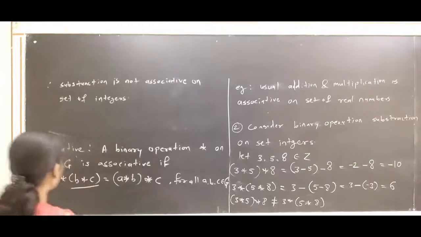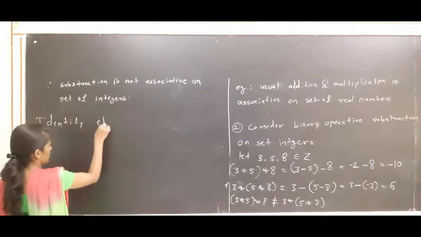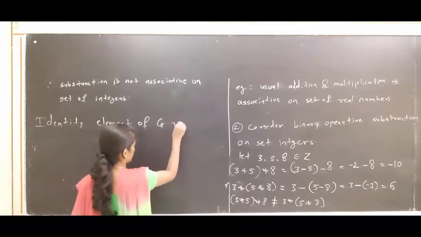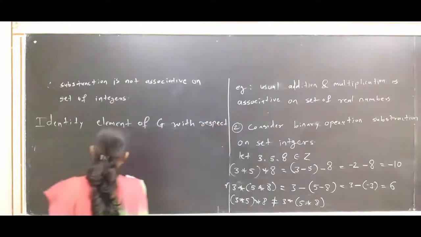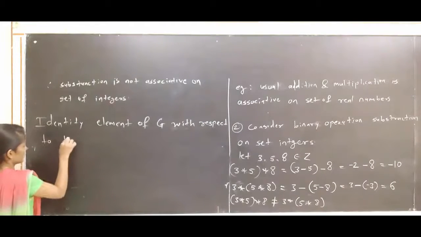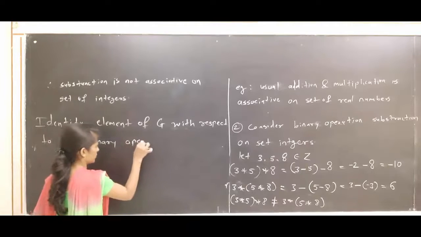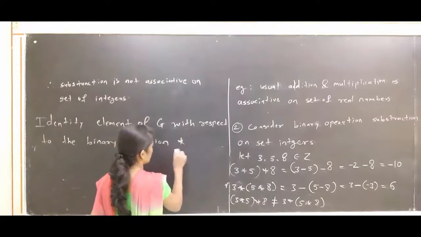Okay. Now we see identity element of G with respect to binary operation star.